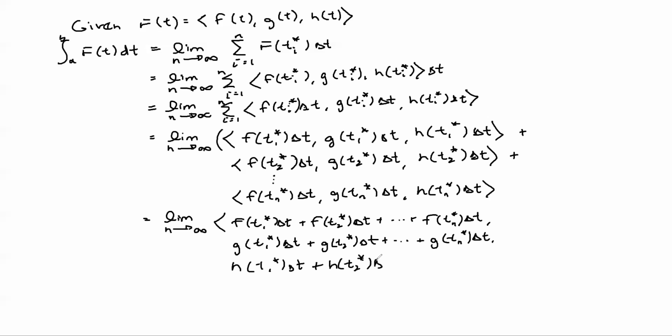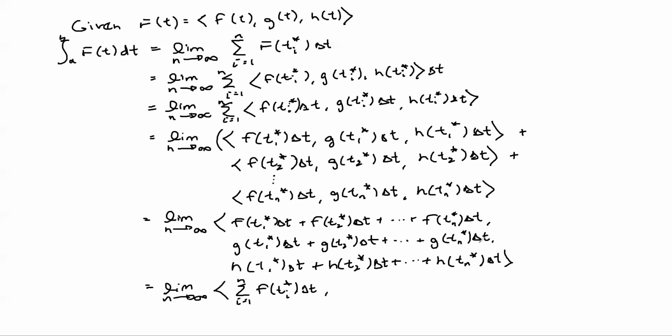it just makes it very clear that the summation does end up distributing onto each of the components, right? And now that we've done that, we can see, oh, well, what is this? If I take f of t sub 1 star plus f of t sub 2 star through f of t sub n star, well, that's the same thing as using the summation notation, sum of f of t sub i star change in t, where i equals 1 to n.